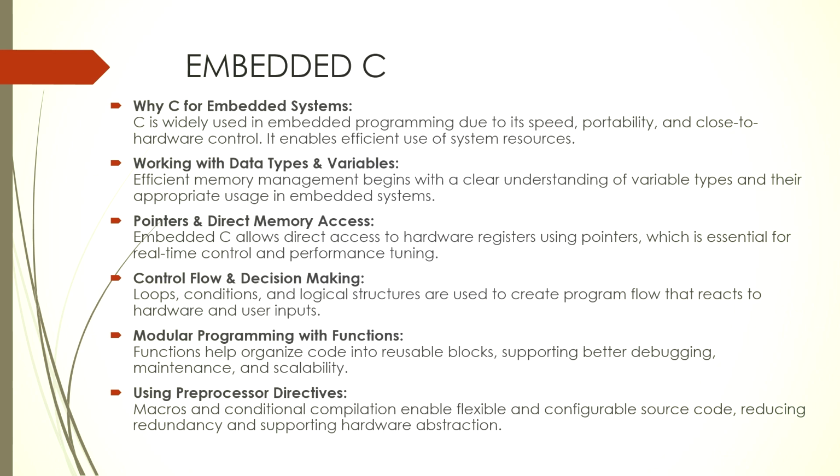Modular programming with functions. Functions help organize code into reusable blocks, supporting better debugging, maintenance, and scalability. Also, macros and conditional compilation enable flexible and configurable source code, reducing redundancy, that is, the repetition of the code will be prevented, and supporting the hardware abstraction.